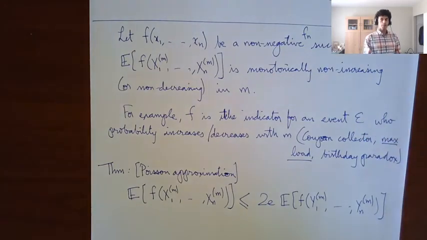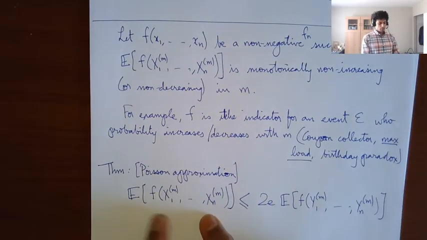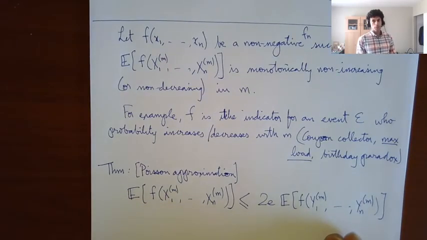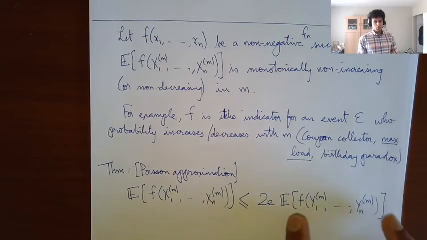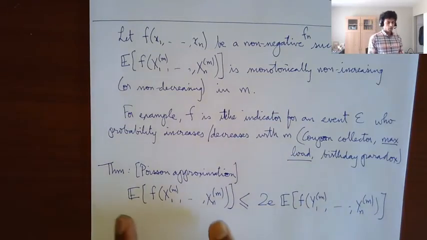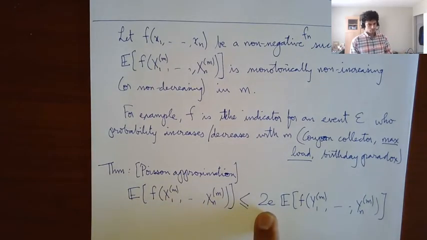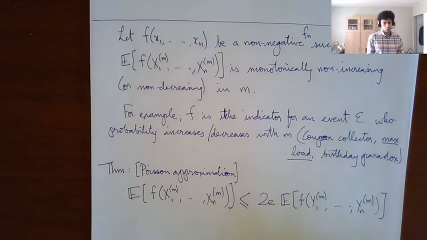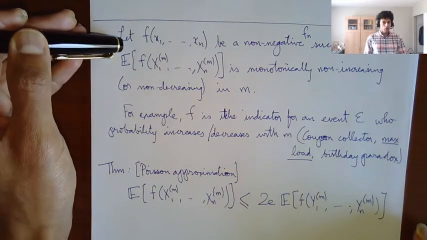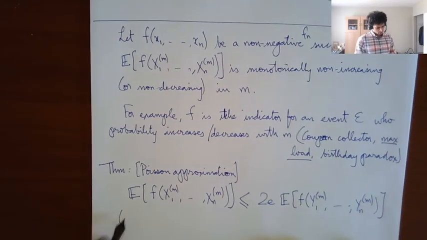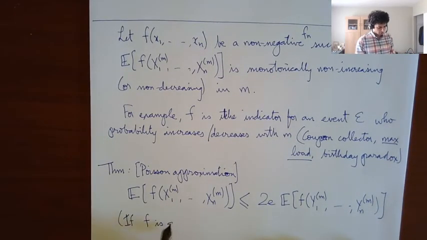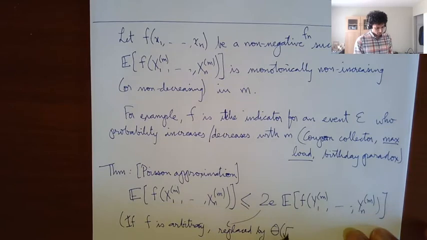You're trying to prove an upper bound on the probability of an event in the balls and bins case. You go ahead and prove an upper bound on the probability in the Poisson case, which is easier to analyze, and you automatically get an upper bound for the balls and bins case with some extra constant. And this is the Poisson approximation. If f is arbitrary, then this is replaced by some theta of root m term.